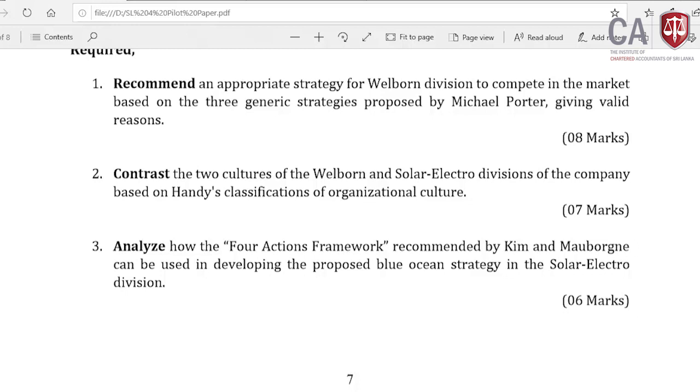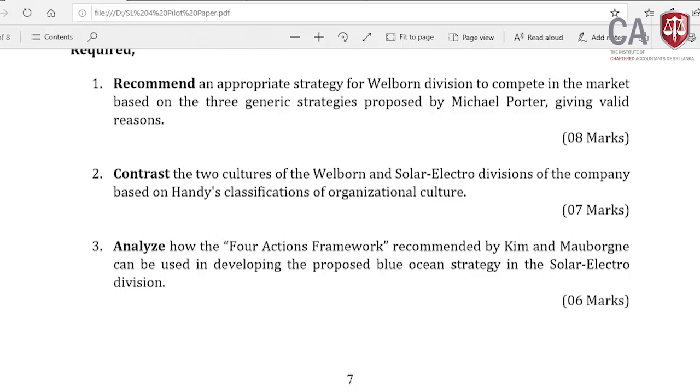So what are the things you have to include in your answer here? He is asking you to recommend an appropriate strategy for Wellborn division to compete in the market based on 3 generic strategies proposed by Michael Porter. So obviously you know that the strategy is differentiation. We have identified that one even from the pre-seen information given, right?